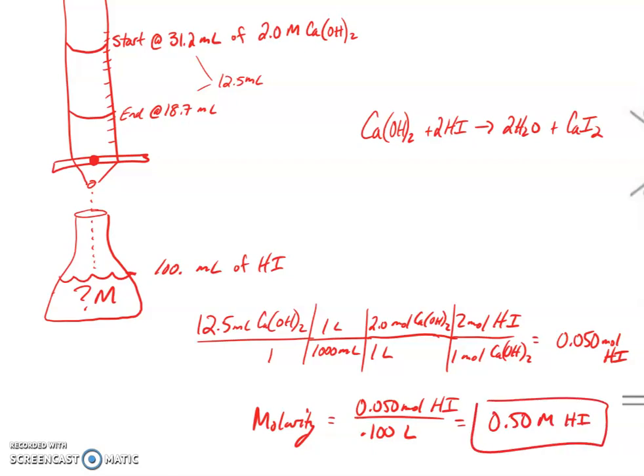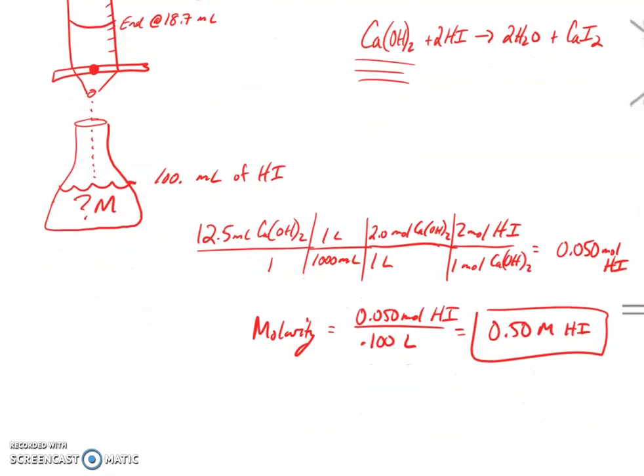Since we reacted a strong base, calcium hydroxide, with a strong acid, hydroiodic acid, that means that our equivalence point would be right in the middle, and we should use a pH indicator that changes color just after that equivalence point. So our graph would be pH, here's 7, here's 14, here's 0.